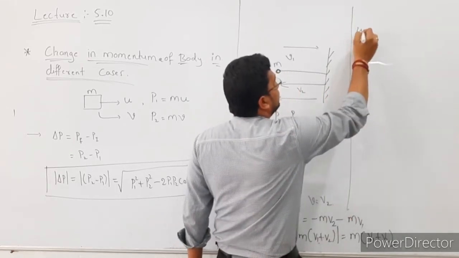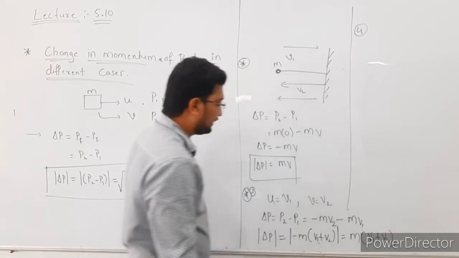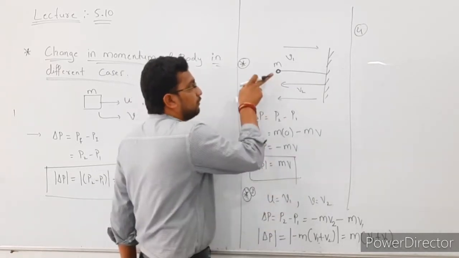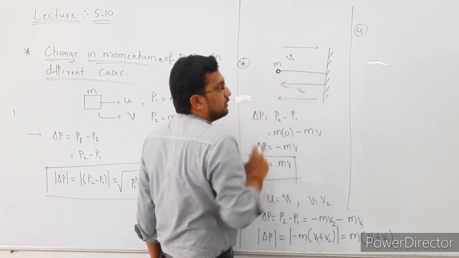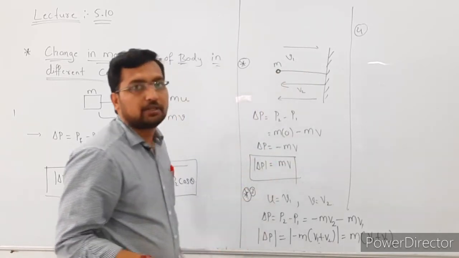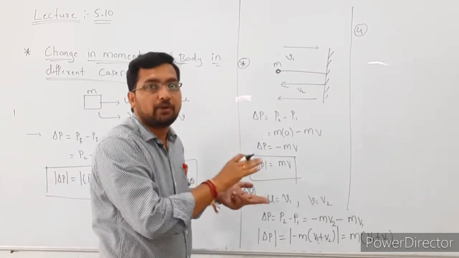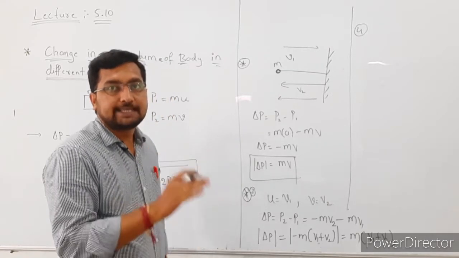See here, the next case. In the fourth case, if the body is moving with a velocity v, after collision it rebounds with the same speed.